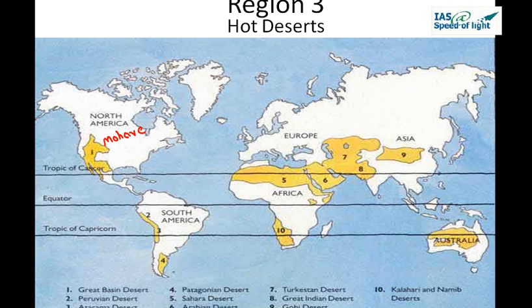Then you have here the Great Peruvian Desert or Atacama Desert. This Atacama Desert is the driest desert of the world. Then you have the Patagonian Desert.